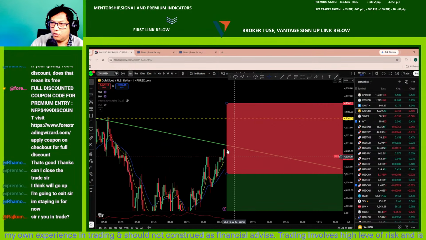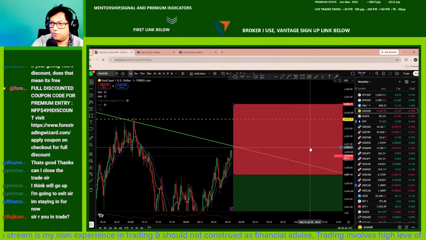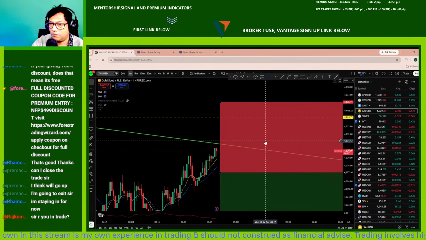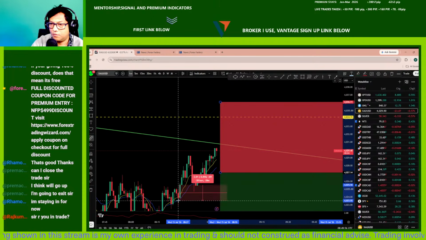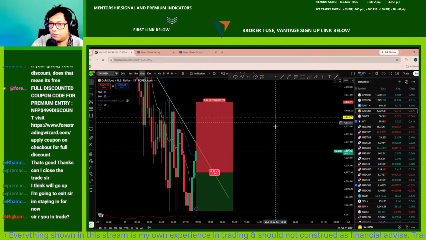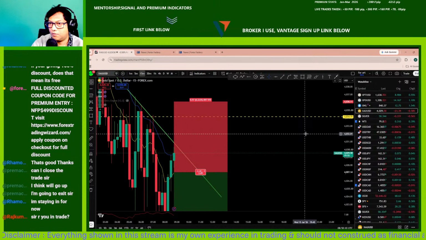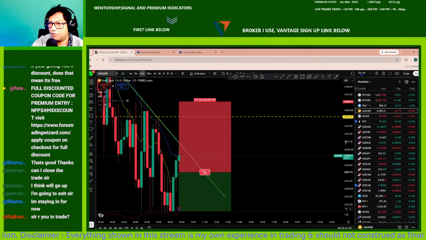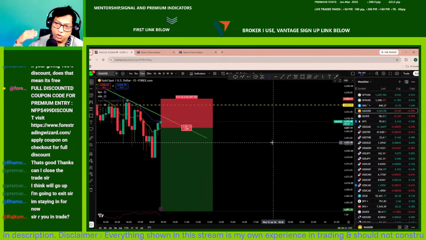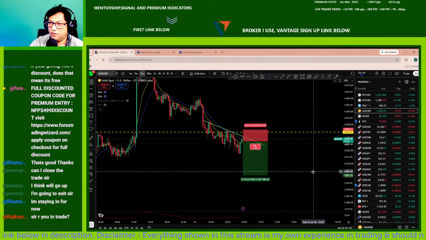Okay, so this is also overextension. Once you see the market fail to create a higher high, there's a gap left here, and you could see the entire continuation.